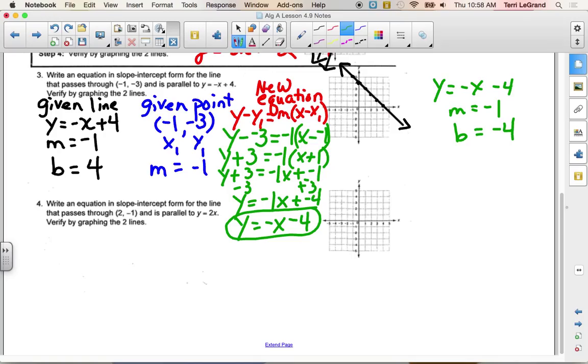Okay, so go to your graph and graph that line. Notice we're not writing rise over run every time. I'm hoping you're getting to the point that you can do it without that. If you can't, you need to be writing it down. What are the rises and runs you can use to help you get a good graph?